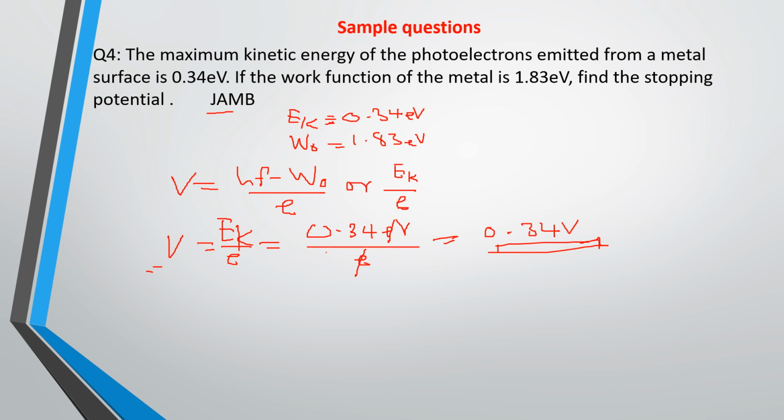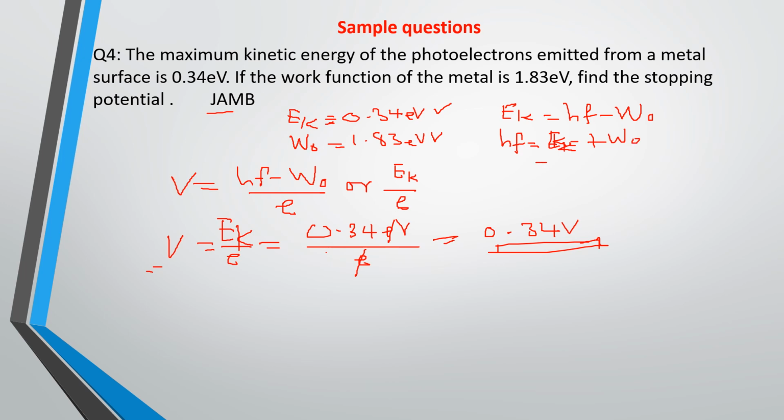Since you already know EK and the work function, we remember that EK is equal to hf minus W0, so hf will be equal to EK plus the work function.